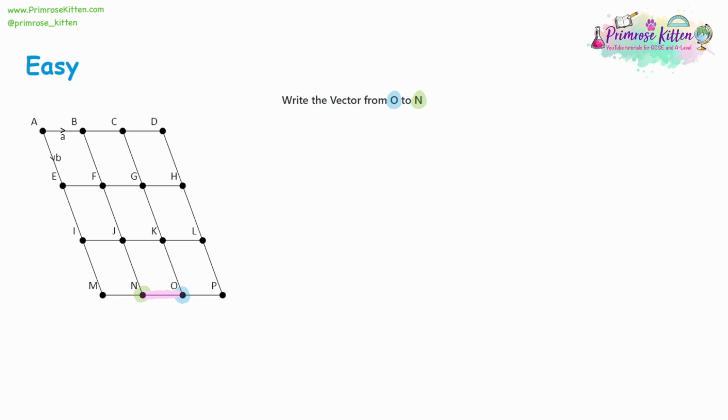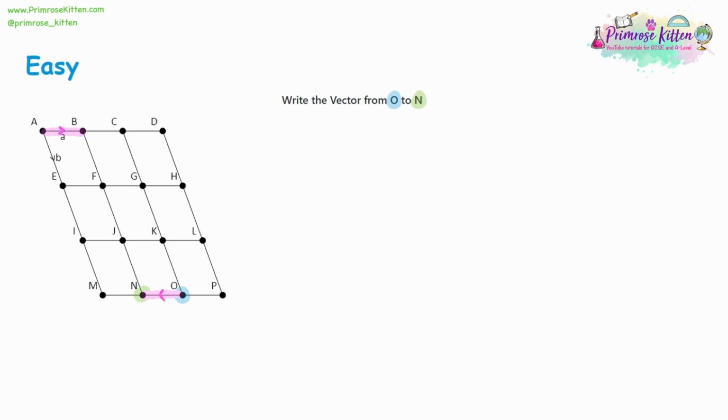And make sure we're starting at O and ending at N, so this is the direction we're going to go in. Now, you might have noticed that vector A is the same length, but it's in a different direction. The direction is related, it's just the opposite way around. The arrow's the other way around. It's not a completely random other direction like B is. B goes in a completely different direction.